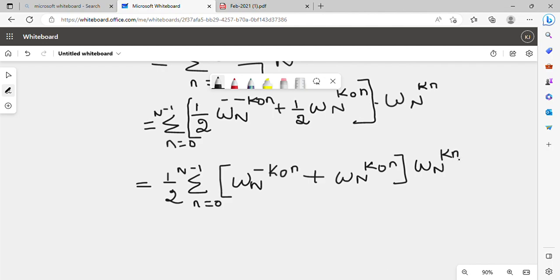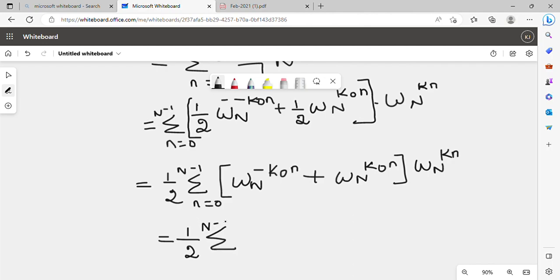Now what I'm supposed to do is multiply this omega N to the power kn with omega N to the power k naught n and plus omega N to the power k naught n. So it is 1 by 2 into the summation from n equal to 0 to N minus 1.